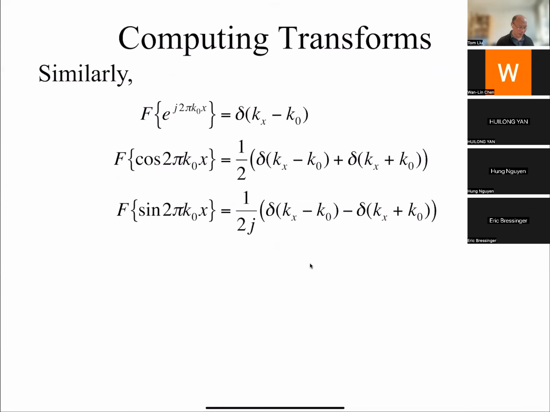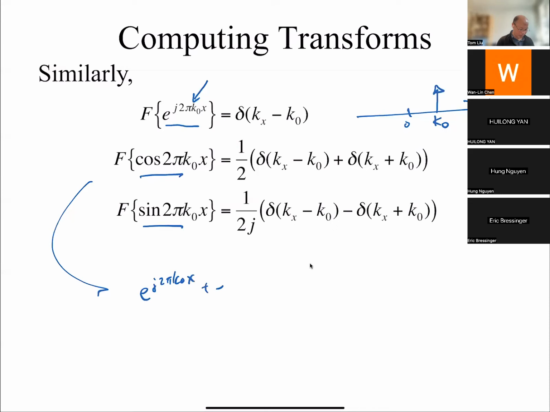Similarly, and these are also very important, if I have a complex exponential with a frequency of k naught, then the way I look at it in terms of k space, it just has energy at k naught. Okay. And similarly, cosines and sines we're going to use quite a lot. And remember, cosine is just e to the j 2 pi k naught x plus e to the minus j 2 pi k naught x, over 2.